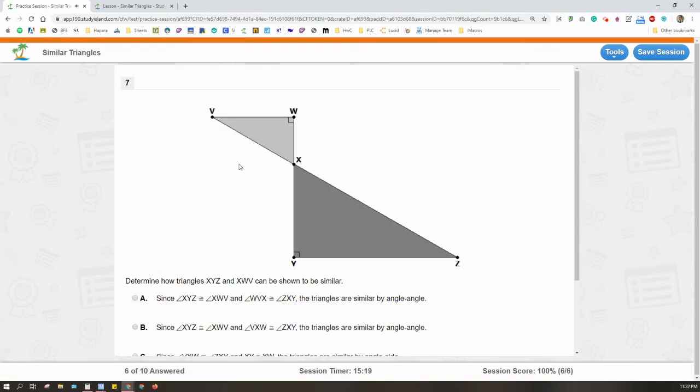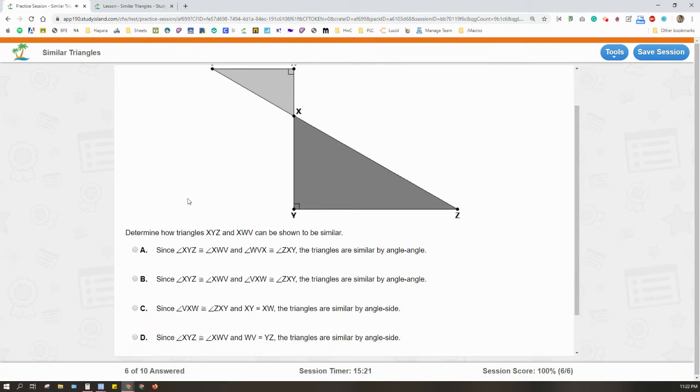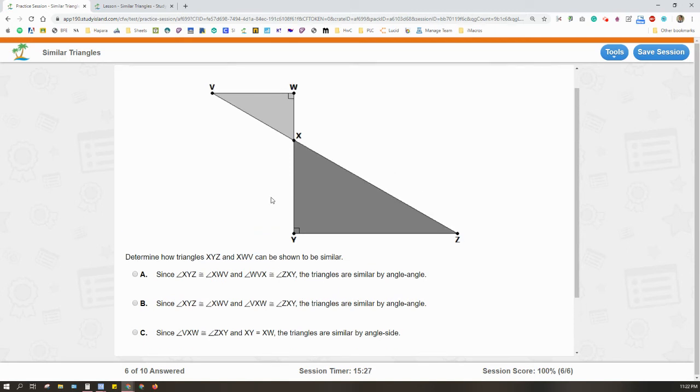Next one. Number 7, determine how triangles XYZ and XWV can be shown to be similar. Well, right off the bat, you've got 2 lines that cross each other. Those are vertical angles. You're going to have to get used to seeing that. It happens a lot of the time. When you have 2 angles that are vertical angles, that means they're congruent to each other.